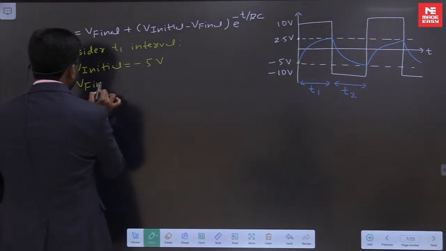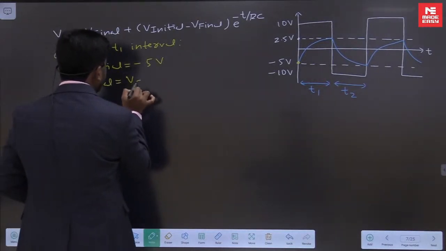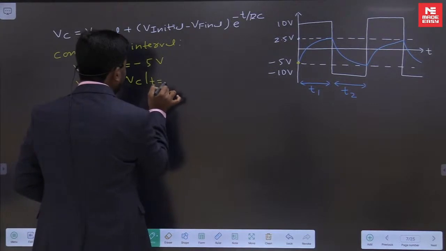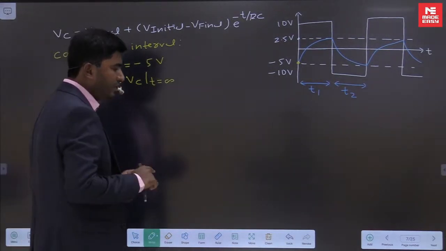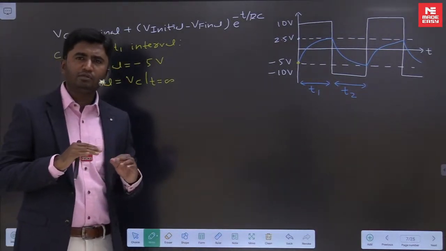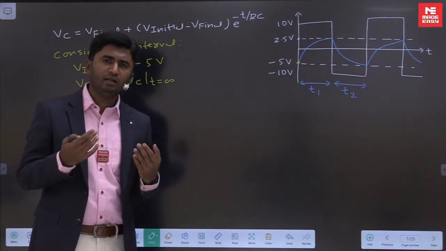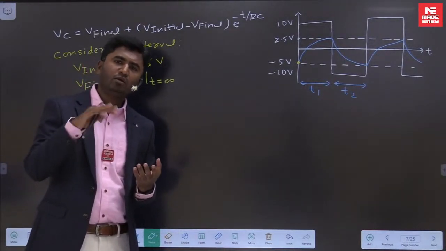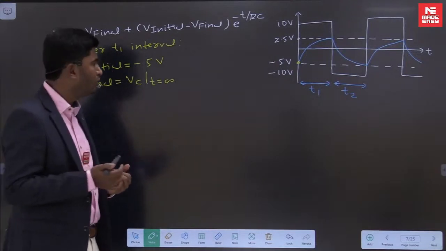And V final. Please remember, V final means capacitor voltage at t equal to infinity. At t equal to infinity, capacitor becomes open circuit. And when capacitor becomes open circuit, voltage across the capacitor will be equal to 10 volt.